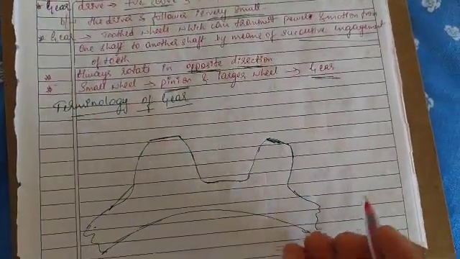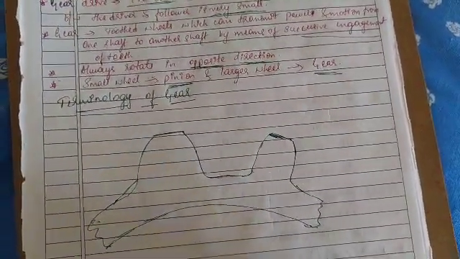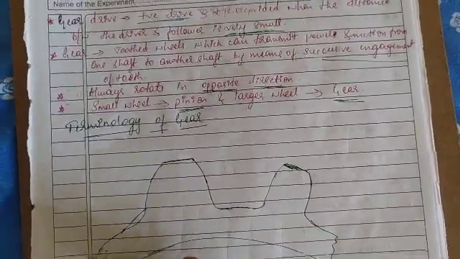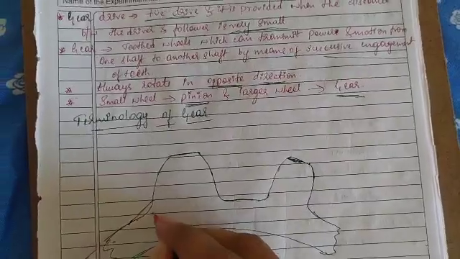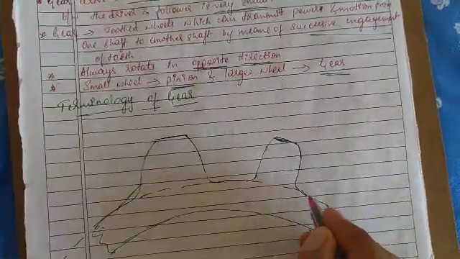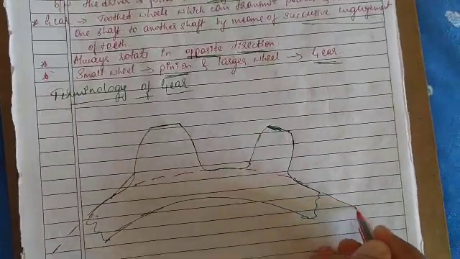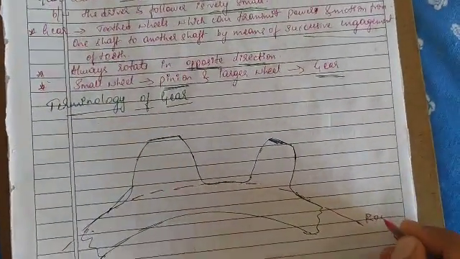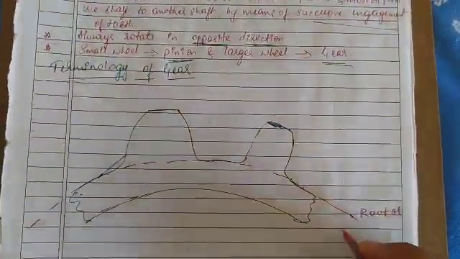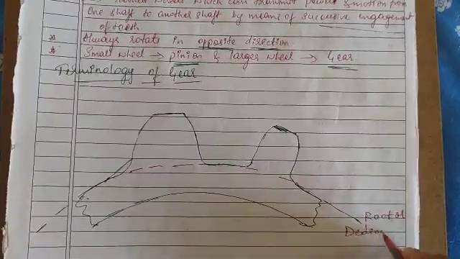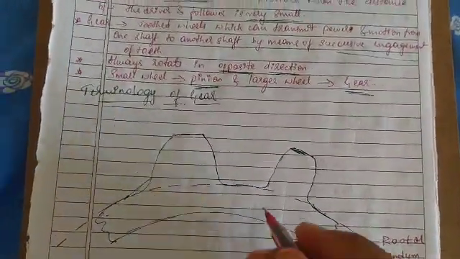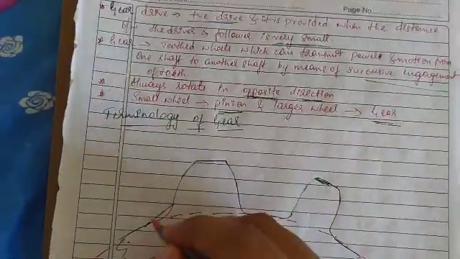This is the root or dedendum circle. Next, above that one we have a clearance here.